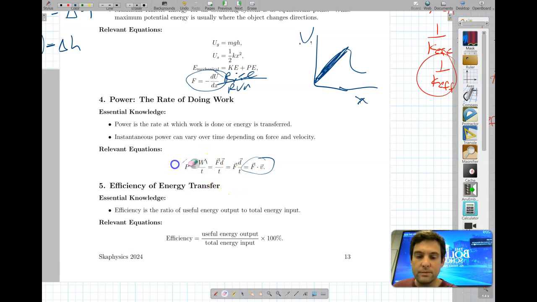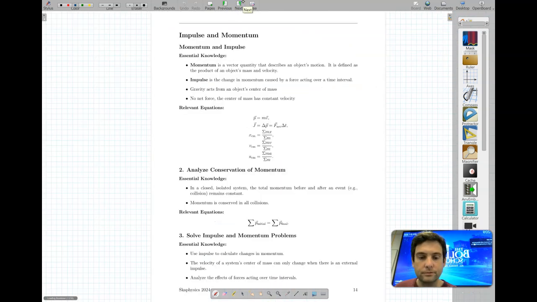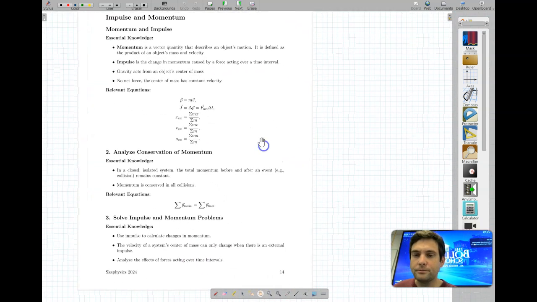Work equals force times displacement. So force times displacement over time is the same as force times velocity. Efficiency is just the useful energy out over the total energy in, and then multiply that fraction or decimal by 100. Just like we had in chemistry.